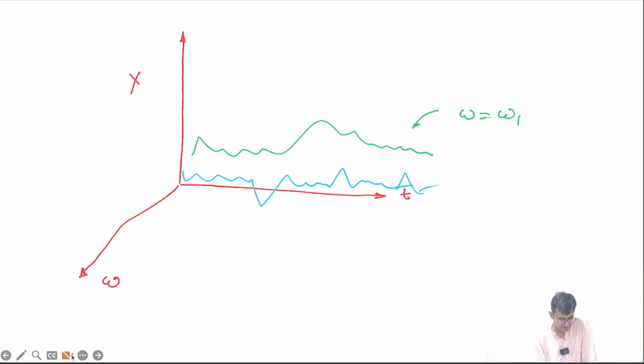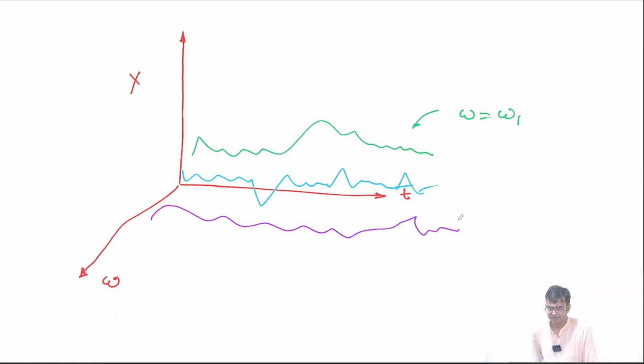I can draw a third one also, which might be something like this. Clear? Each of these different colors represents a random sample, which is a function.